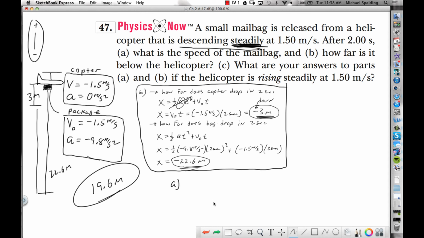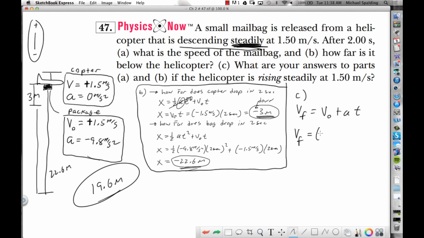Okay, so part C, we're figuring out the velocity of the mailbag if it were initially going up. So part C, you go VF equals V initial plus AT. Now what's V initial? If the helicopter was going up, then that's a positive initial velocity, right? So change that to positive. This is still going to be negative because gravity's still down.